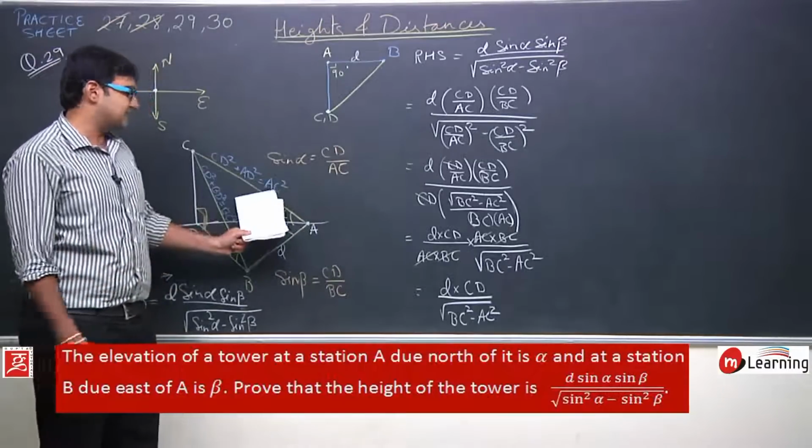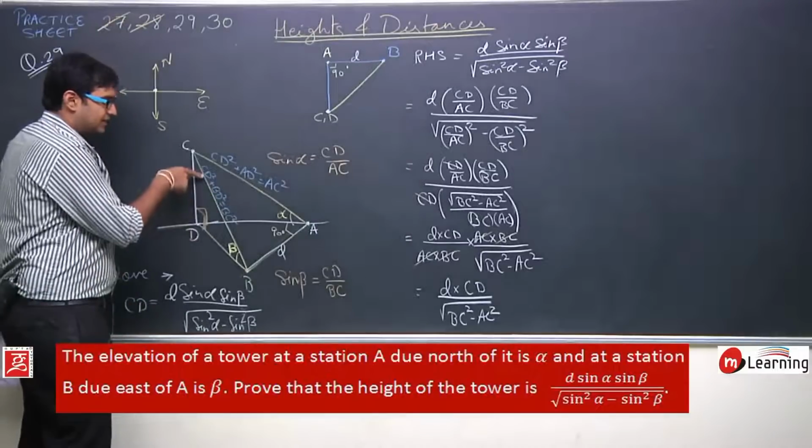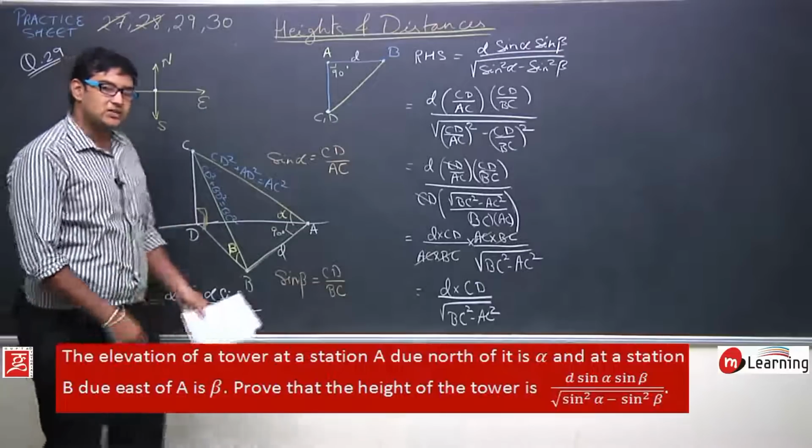So in place of AC square I can write CD square plus AD square, and in place of BC square I can write CD square plus BD square.